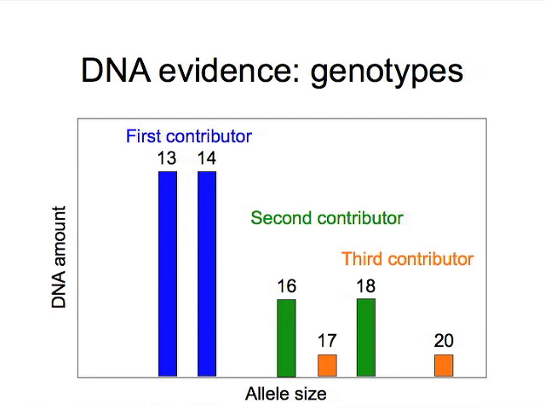A second contributor shown in green who's a minor contributor with a genotype of 18 and 16. And then a third contributor who's also in the DNA with a genotype shown in orange of 17 and 20. So this is, suppose, the true state of nature that we're going to try to recover by doing experiments to generate data and then infer from.